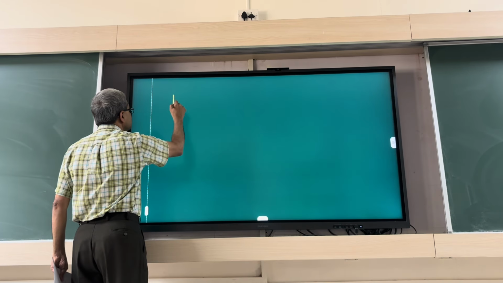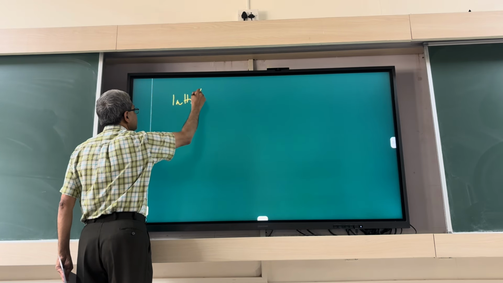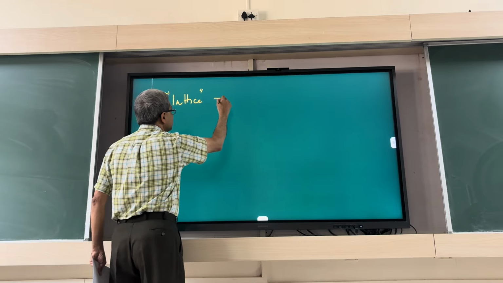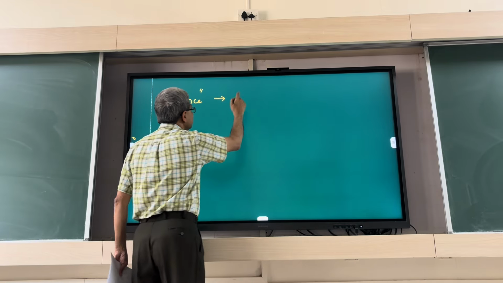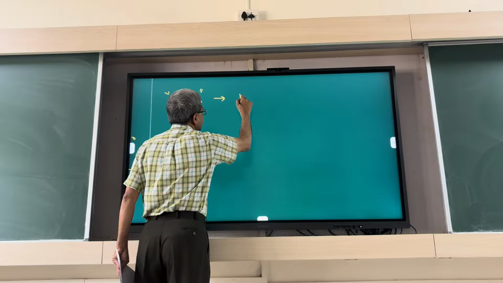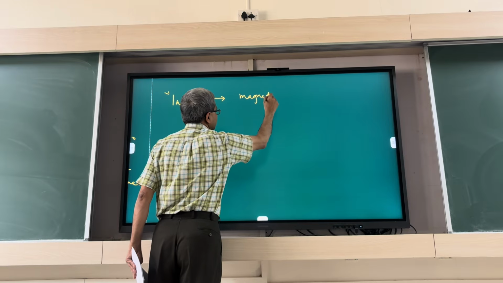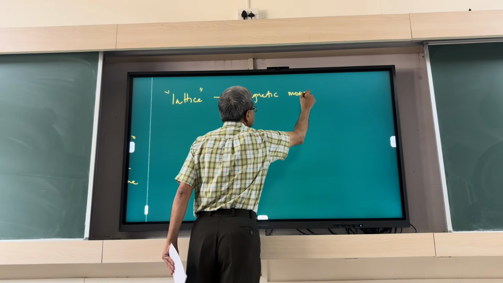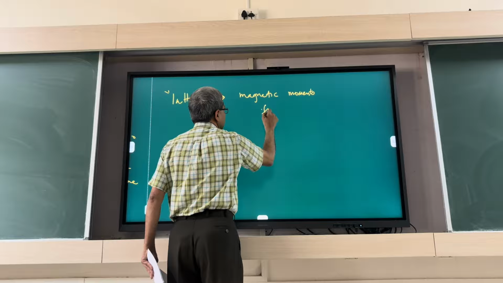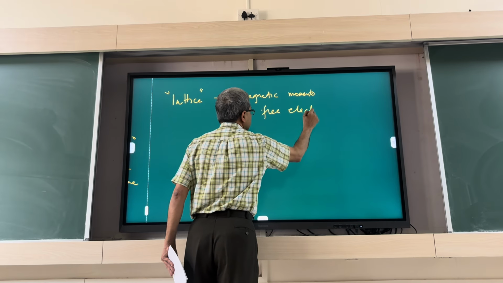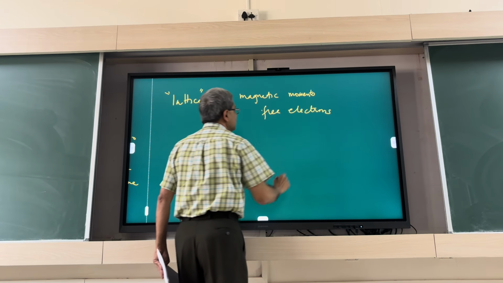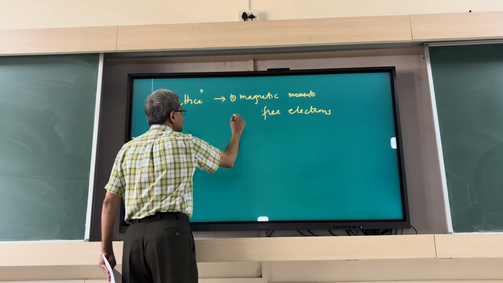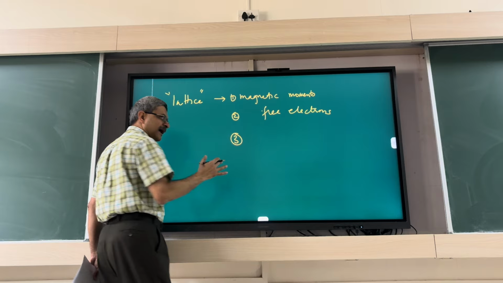So what is the lattice? Lattice is in quotation marks. At least in our research, we are largely interested in a situation where the lattice is the magnetic moments, or free electrons if you have a metal. In general, this is one possibility, and another possibility is the actual physical lattice.